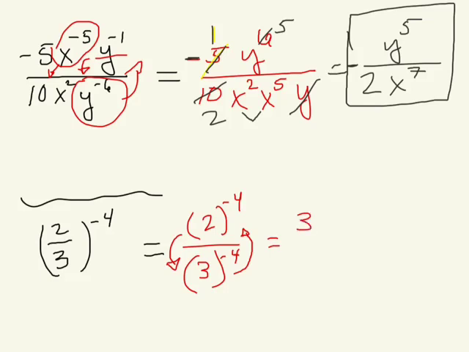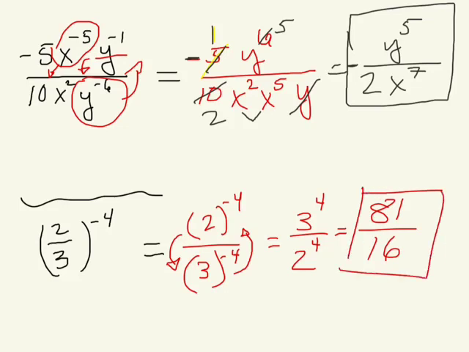So you have 3 to the +4 and 2 to the +4 down here. 3 to the +4 is 3 times 3 is 9. The other 3 times 3 is 9. So 9 times 9 is 81. And then 2 to the 4th is 16. And then you can reduce, if possible. I don't think it's possible though. 81/16. I think that's it.